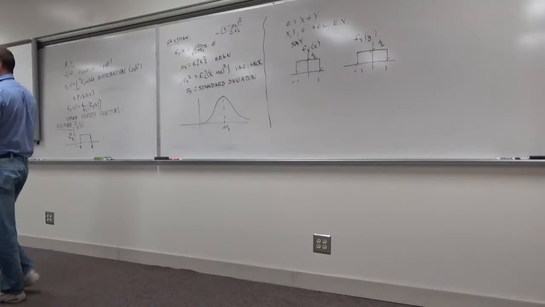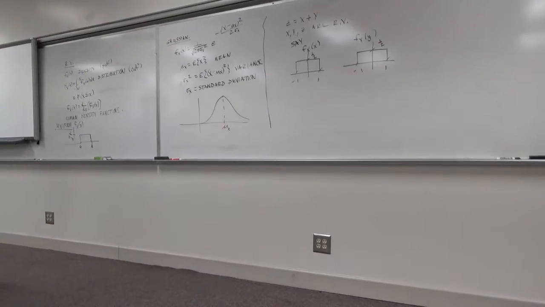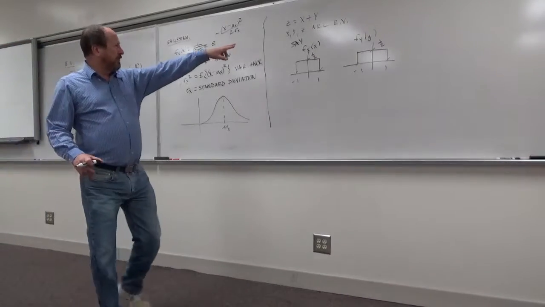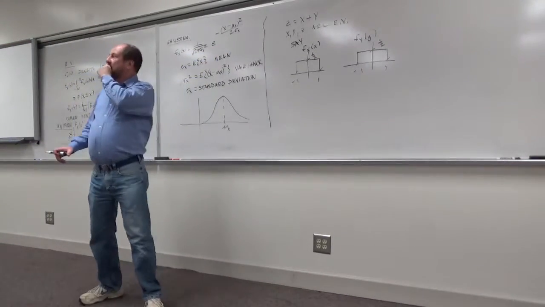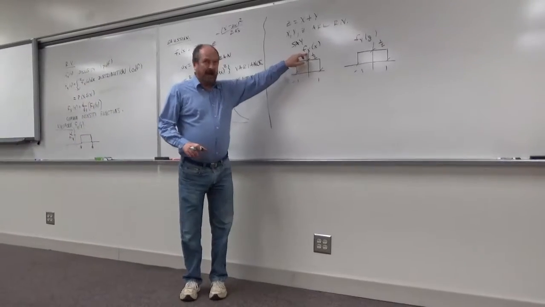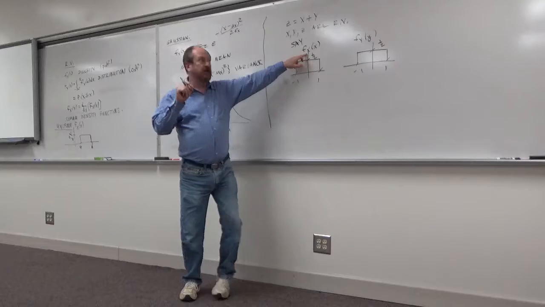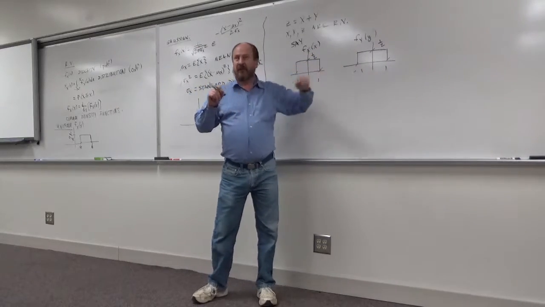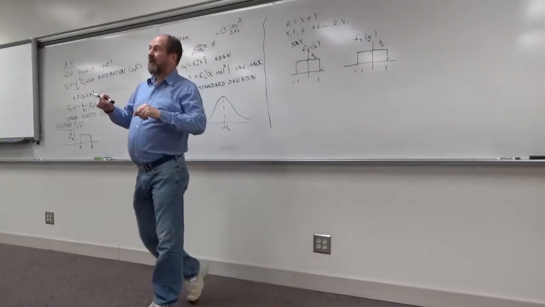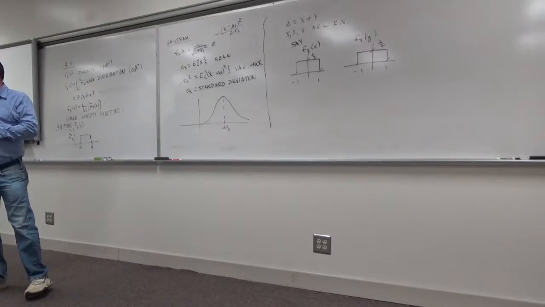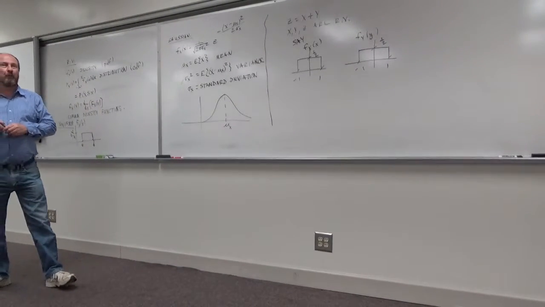Okay? Mathematically, so I could say f sub x of x, f sub y of y. Now, f sub x means that that's a density for x. F sub y means that's a density for y. But it turns out that they're the same function. Okay? Uniformly distributed from -1 to 1.